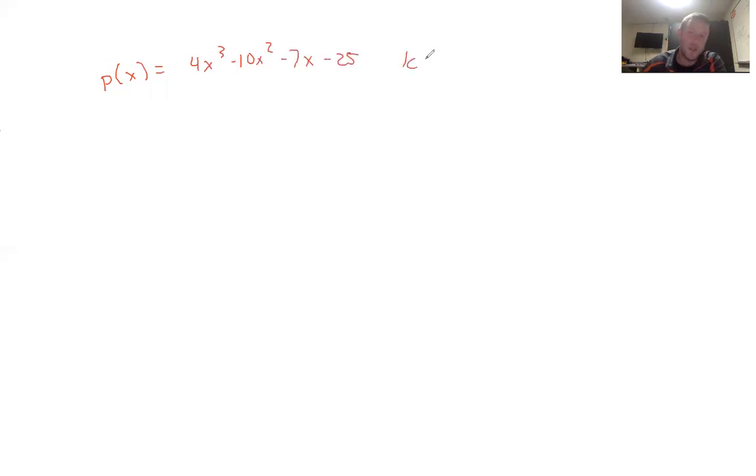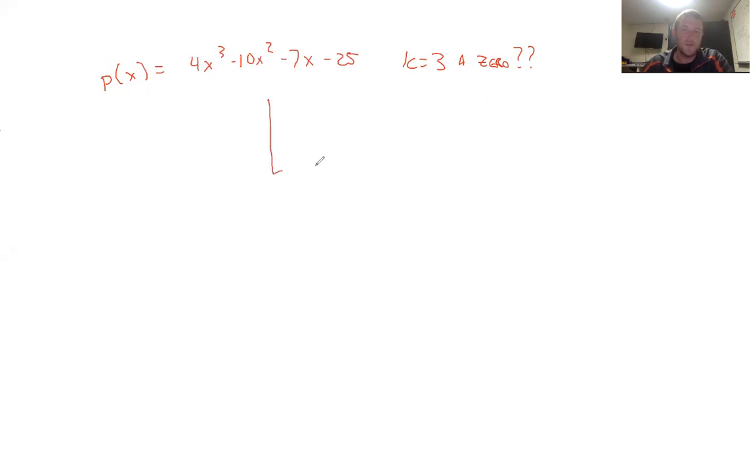And they're asking, is k equal 3 a 0? Okay. Now, easiest way to do it would be taking the 3 and plugging it in. 3 cubed times 4 minus 10 times 3 squared minus 7 times 3 minus 25. And you see, does that answer equal 0? If it does, the answer is yes.